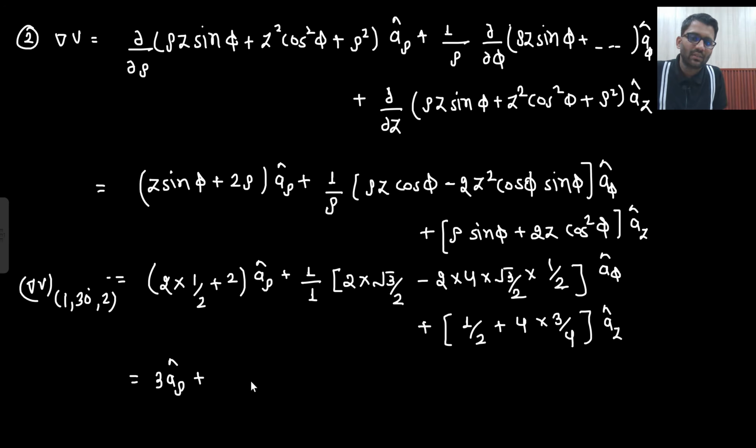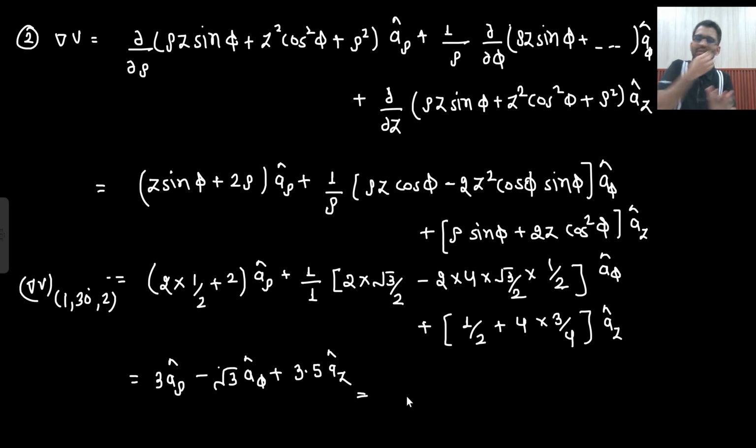Plus root 3, and here 4 and 4 will get cancelled, minus 2 root 3 it would be, right? This is 4 minus 2 root 3, so minus root 3 a phi plus here 3.5 az cap.